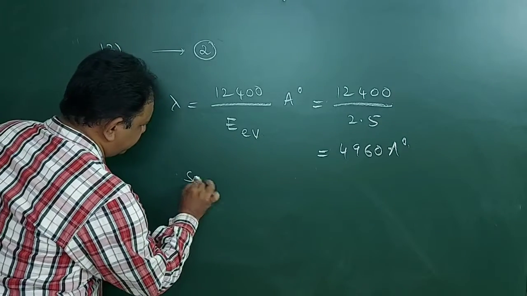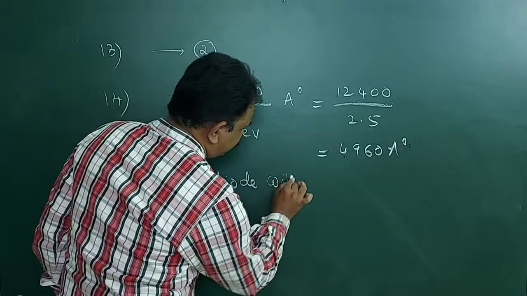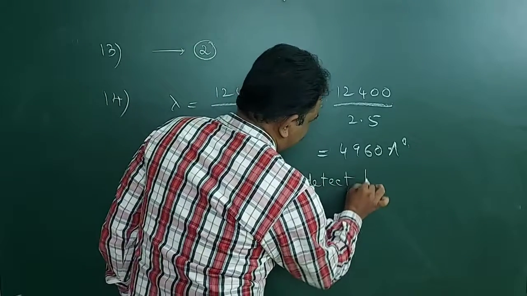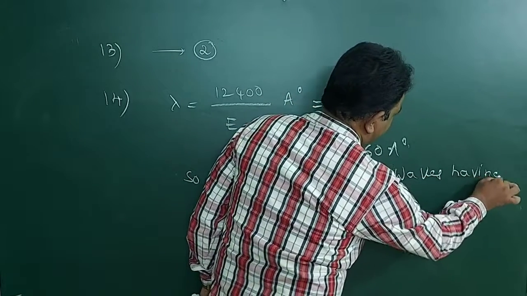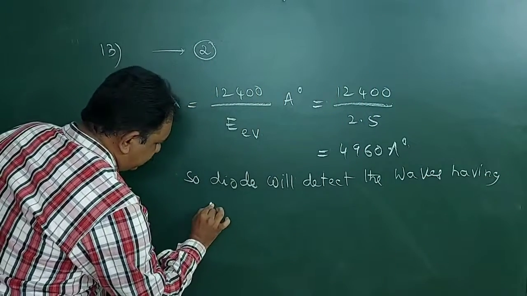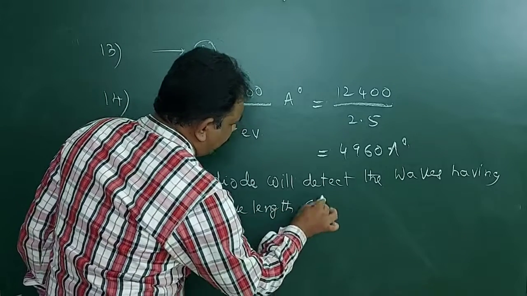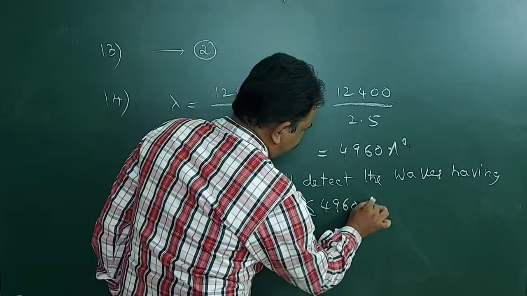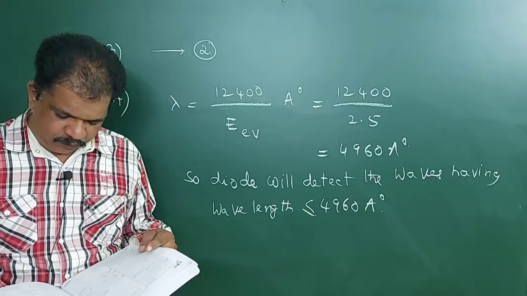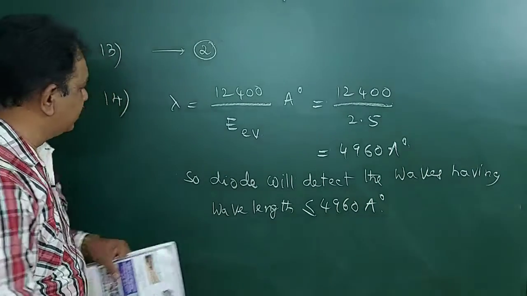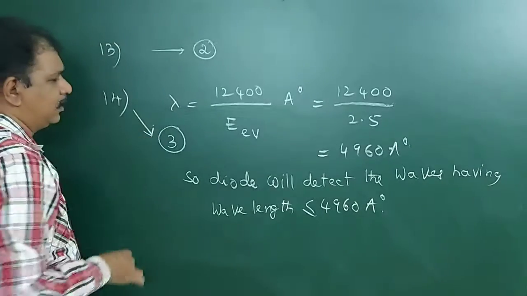So the diode will detect waves having wavelength less than or equal to 4960 angstrom unit. The lesser value compared to 4960 will be 4000. So the 14th question will be the third option.